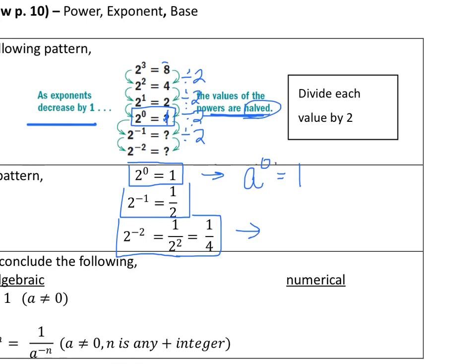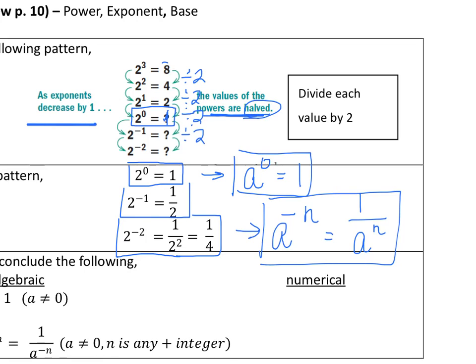Therefore, we can conclude any number a that's not equal to 0 to the -n power gives me 1 over a to the n power. Okay? So you need to remember this.